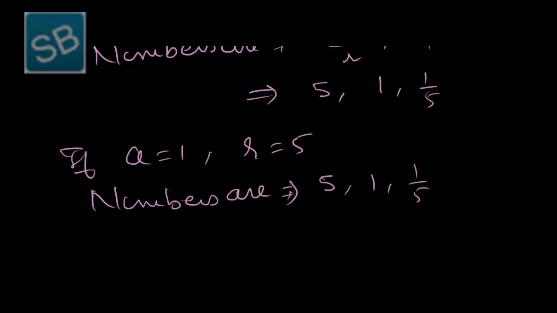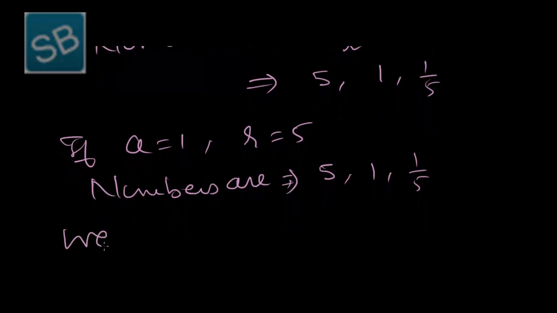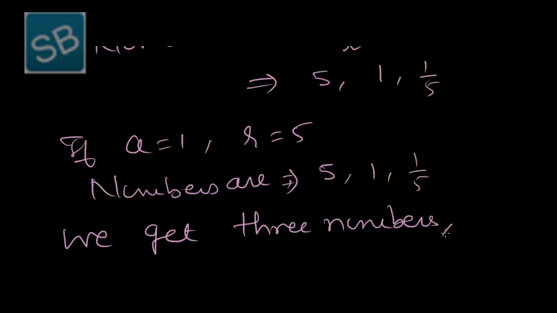So in both cases we get three numbers, that is 1/5, 1 and 5, which are the three consecutive terms of a GP.